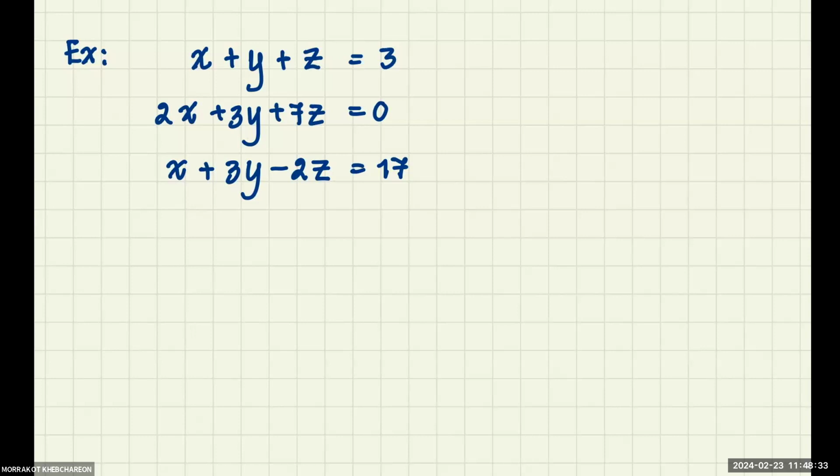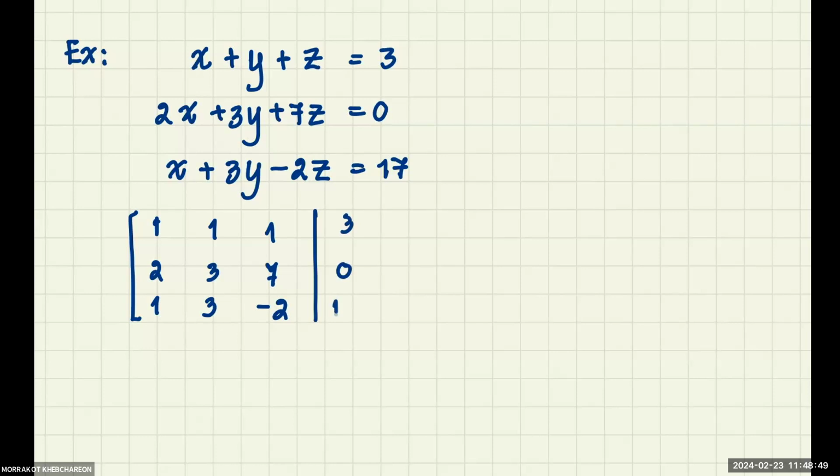Okay. So I will write down the augmented matrix: 1, 1, 1, 3; 2, 3, 7, 0; 1, 3, minus 2, 17.